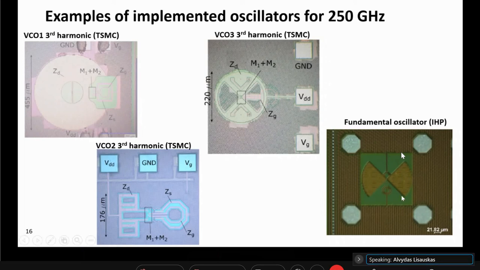Whereas for a fundamental oscillator, one has to combine both inductance and dipole moment into one frequency point. But otherwise, one can also use not necessarily field effect transistors, but bipolar transistors for the same Colpitts design, with a pretty similar outer appearance of the circuit.